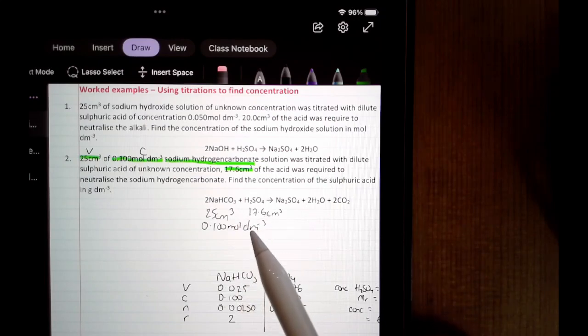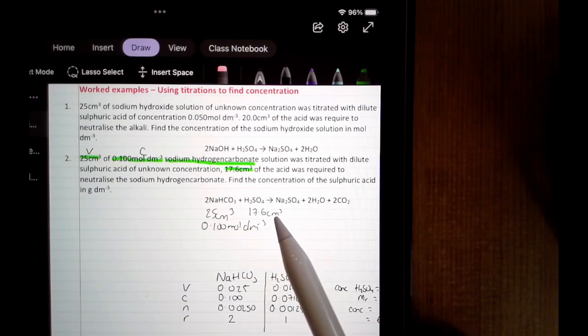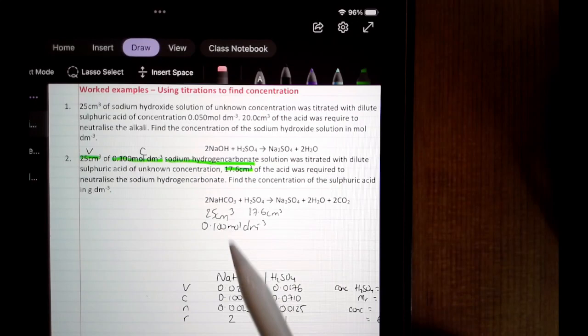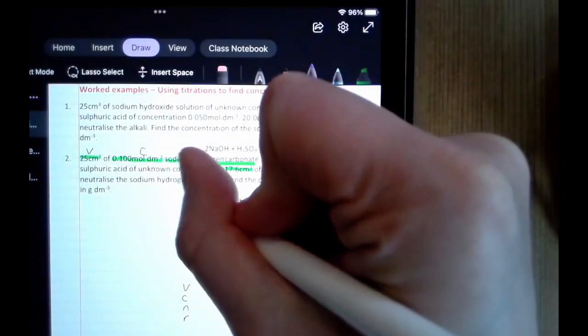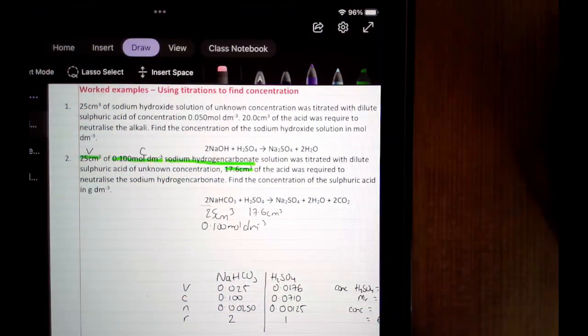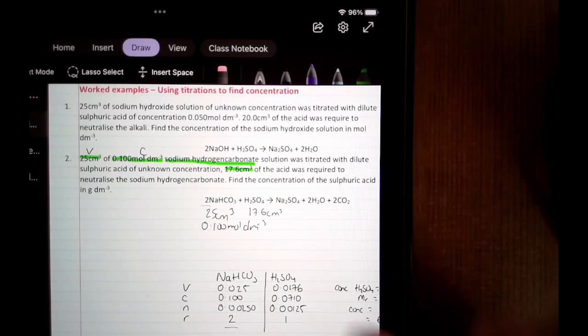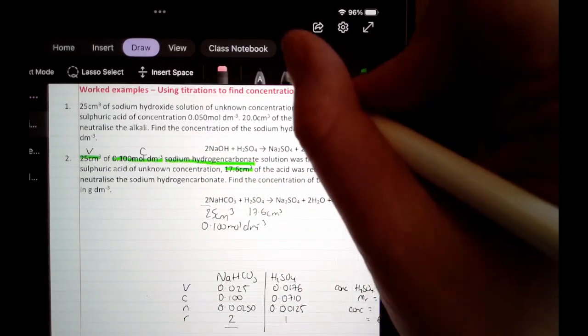That's because my concentration is per decimetres cubed, so my volumes need to be too. For NaHCO3, I was then able to fill in the concentration of NaHCO3. The ratio I got from my balanced chemical equation, so we can see here that the big number in front of NaHCO3 is 2, which means in my ratio I've got 2. There's no number in front of H2SO4, which makes the ratio just 1.